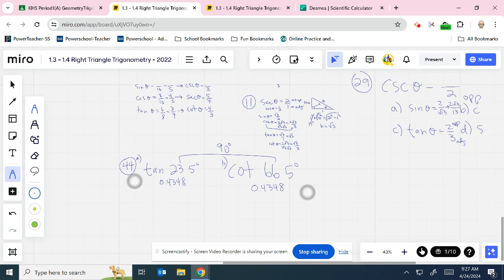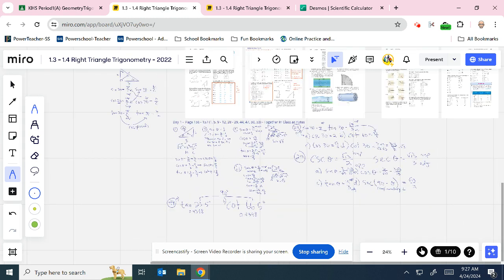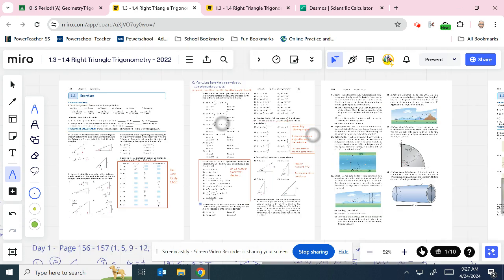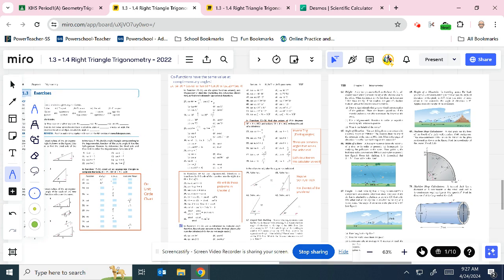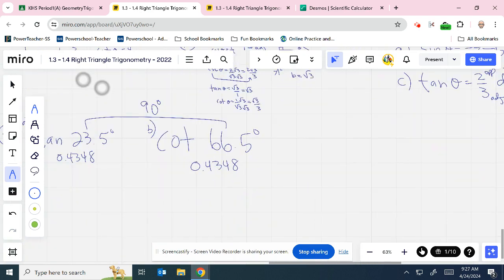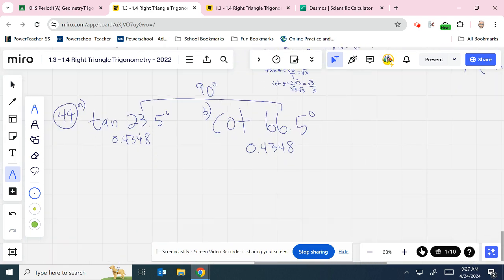Let's go to number 47. Here's some good ones for you now. Secant of 42 degrees, 12 minutes. What would that be on a calculator?